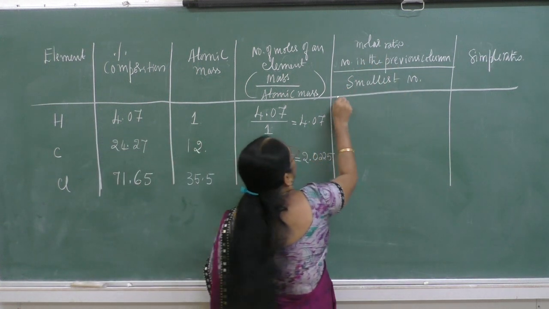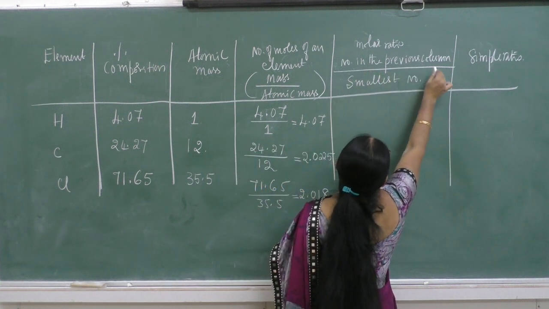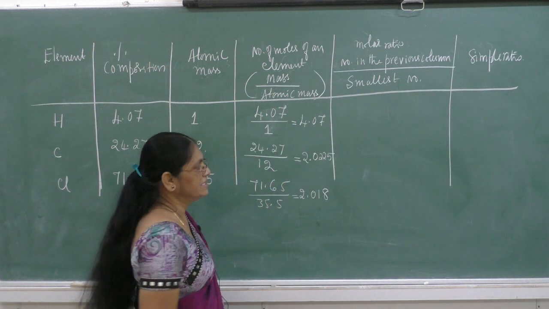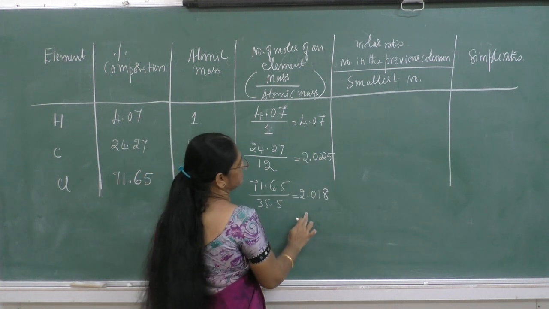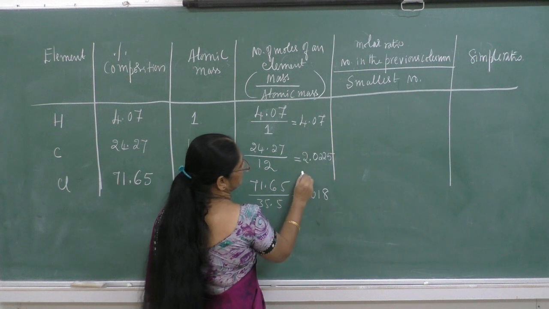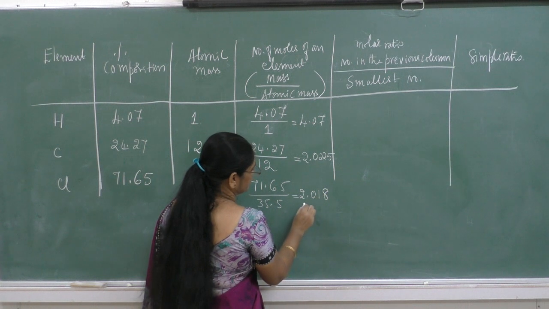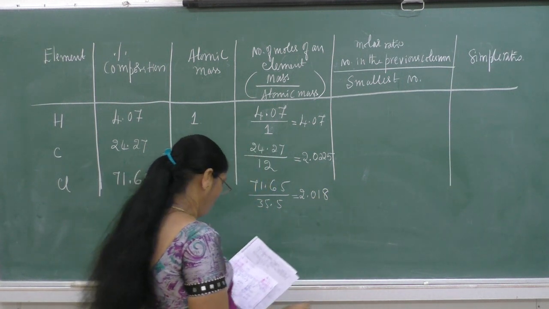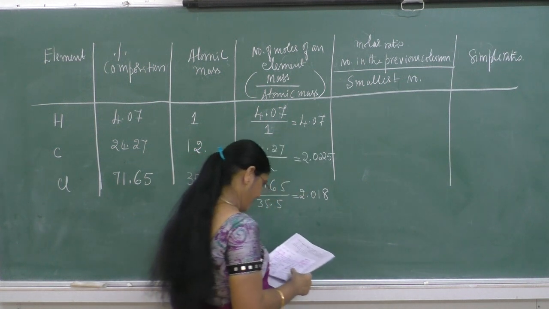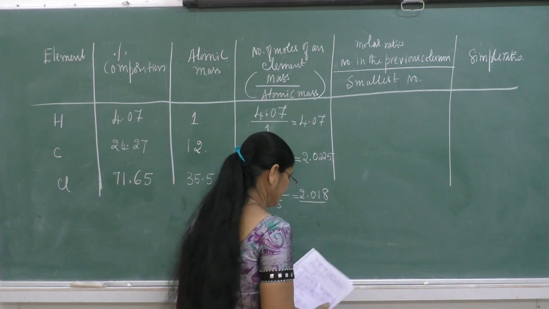In the next column, we have to calculate the molar ratio. It is given by the number in the previous column divided by the smallest number. First select the smallest number among these values: 4.07, 2.0225, and 2.018. So 2.018 is the smallest number.